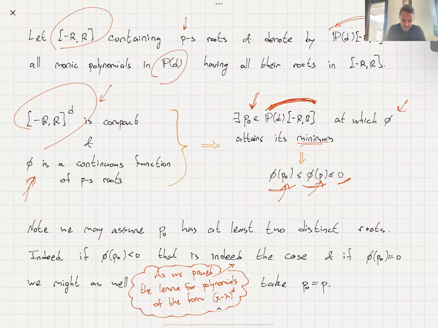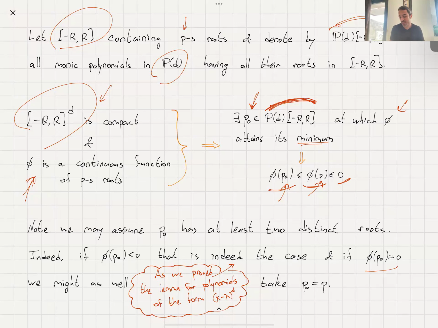Now, we may assume that p0 has at least two distinct roots. Why? First of all, if phi of p0 is strictly smaller than 0, then that's the case, right? Because we proved in the moreover part that a polynomial with exactly one distinct root, x minus lambda to the d, has phi equal to 0.